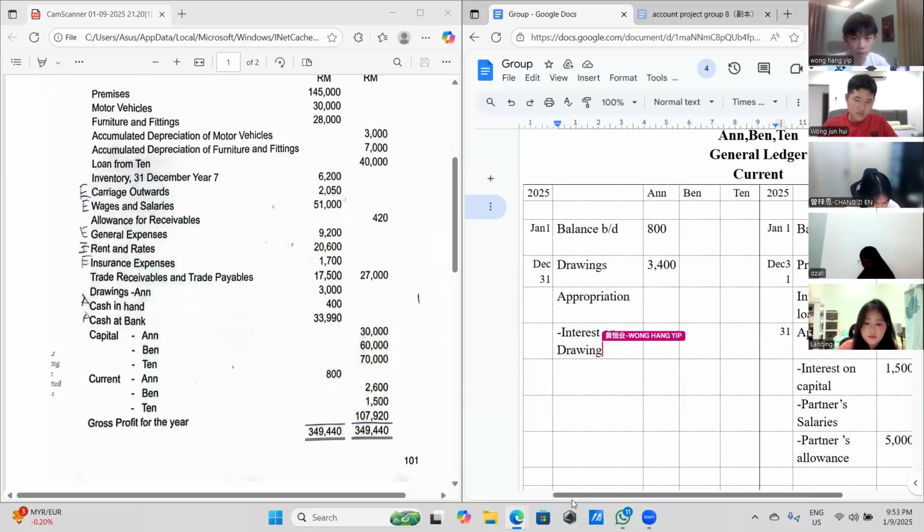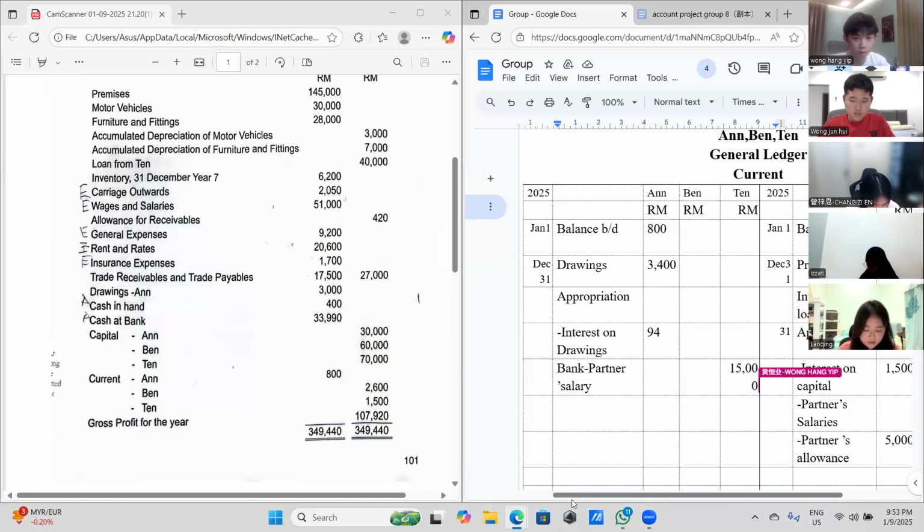And the amount should be 94 according to the profit and loss. And the next one is partner salary already given. So it should be bank partner's salary. And the amount is 50,000 according to the information.